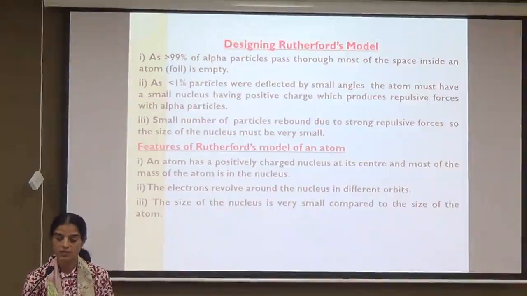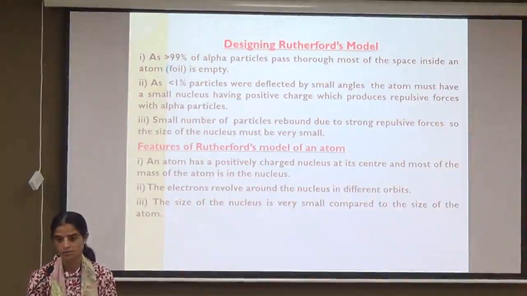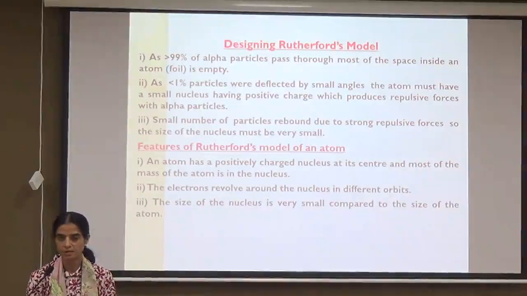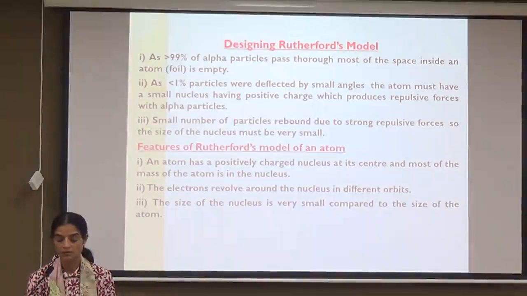Now, from these observations, we came across the following conclusions about the structure of the atom, and besides that, we are able to provide a model of the atom. From Rutherford's experiment, we concluded that as most of the alpha particles were passing straight through the gold foil, it is an indication that most of the space inside the atom is empty.